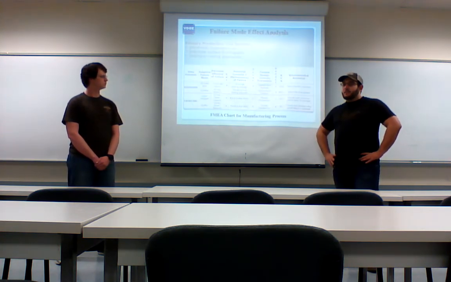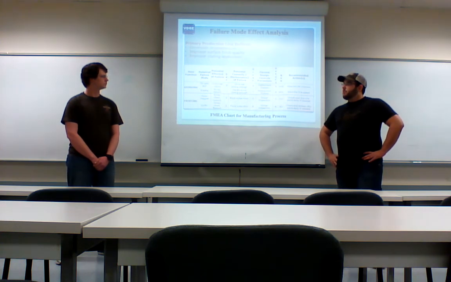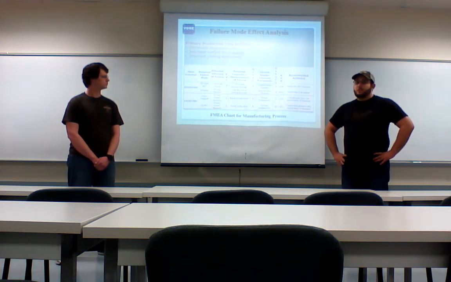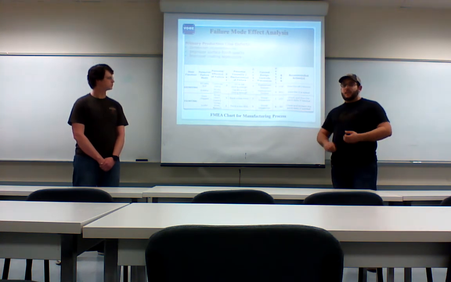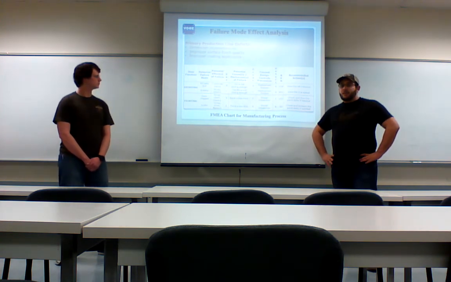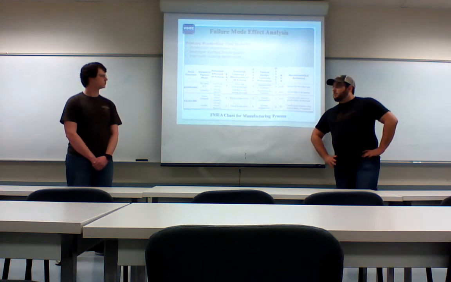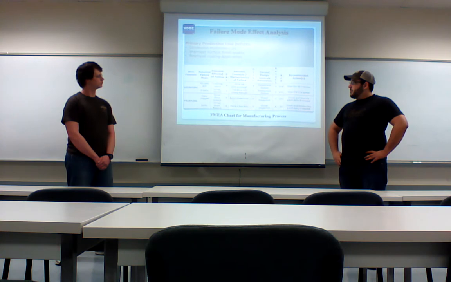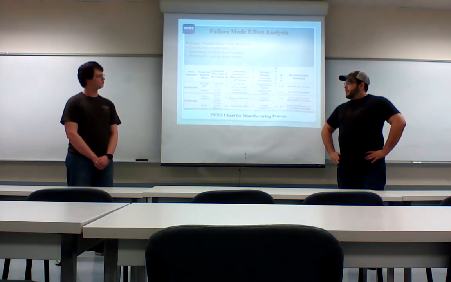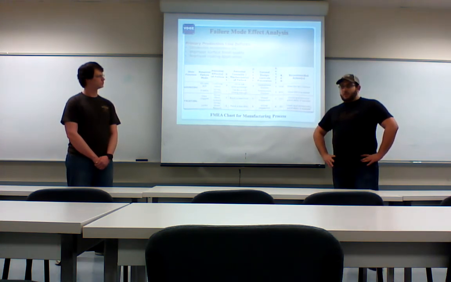Here's our FMEA analysis. The three primary sources of defects are dimensional inconsistencies, improper surface finish, and improper coating applied to the product. Here we have our FMEA analysis with our detection, occurrence, severity, and other modes of rating each of these failures.